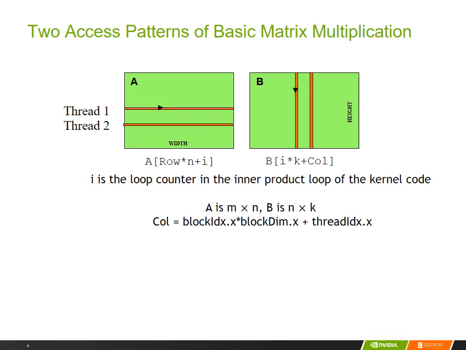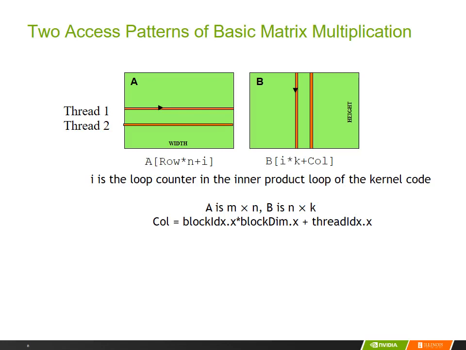So when we look at the column access for B, the column is actually blockIdx.x times blockDim.x plus threadIdx.x. This is a form where we have a first expression that is independent of threadIdx.x, plus threadIdx.x itself.